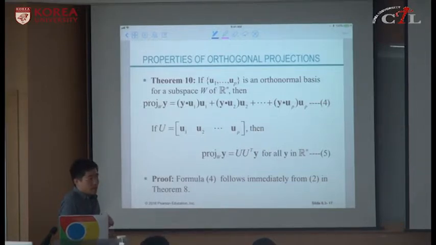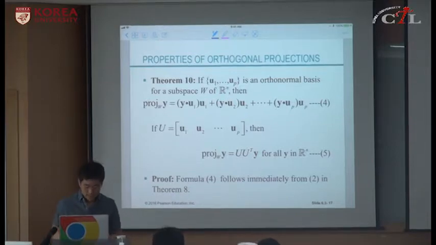It was quite trivial to change an orthogonal set into an orthonormal set, because we just simply scale each vector so that the vector lengths are all ones, right? So if we are given orthonormal vectors over here, how do we compute the orthogonal projection?